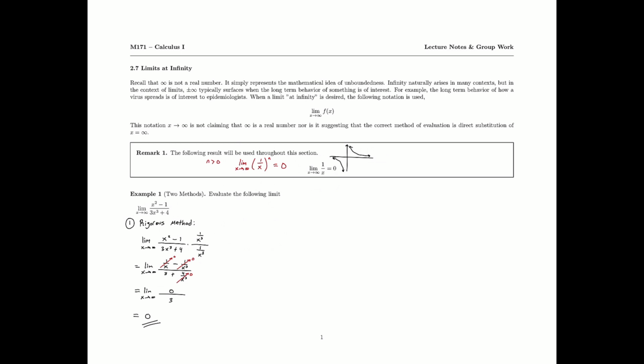The idea here is that you divide top and bottom by the largest degree term.